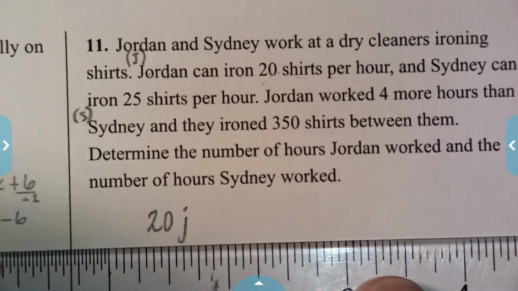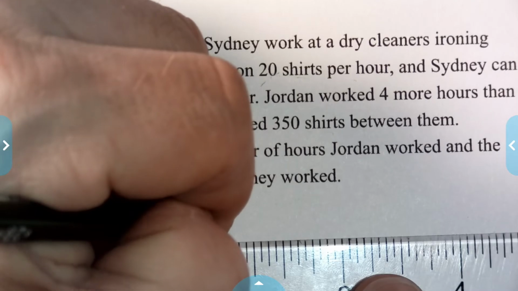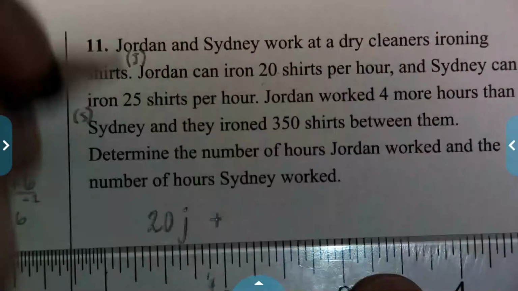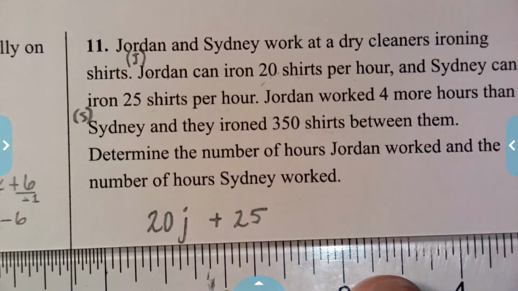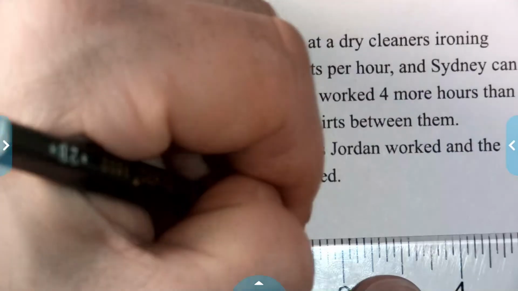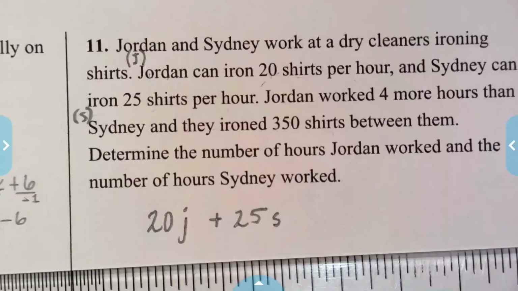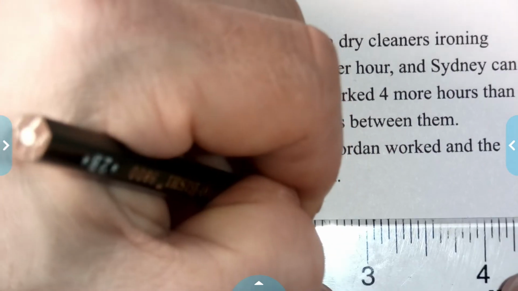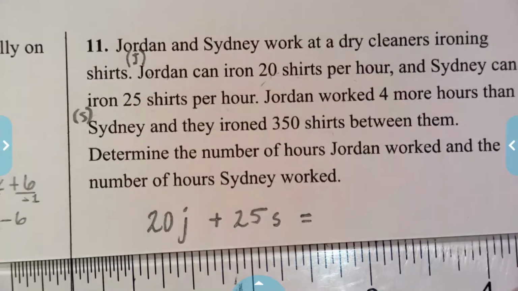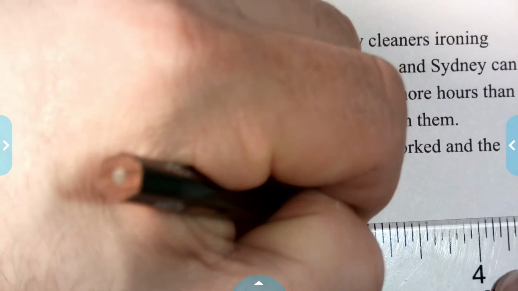Plus 25 shirts per hour times S equals 350 shirts.